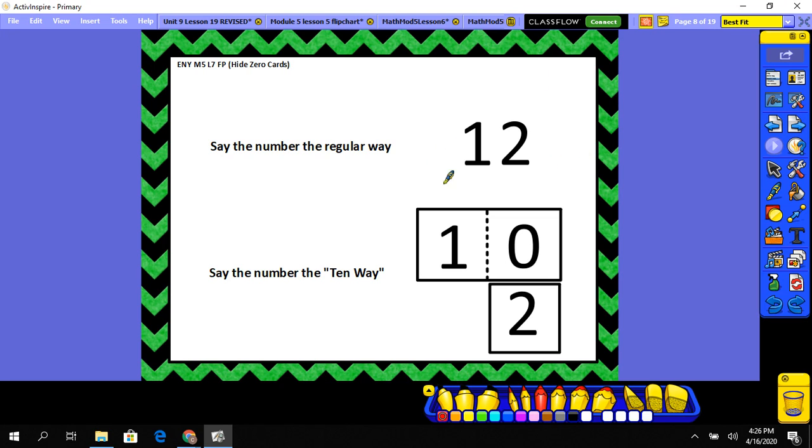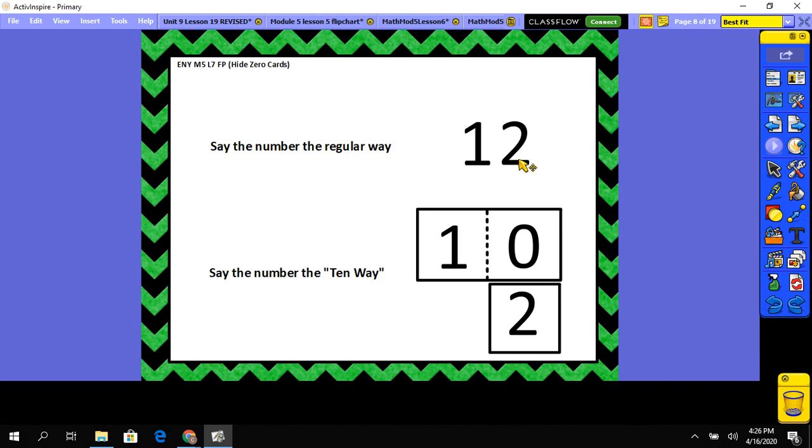Now let's think about what we did yesterday in class. We used our Hide Zero cards to create teen numbers. Let's say the teen number and the Say 10 way using our Hide Zero cards.